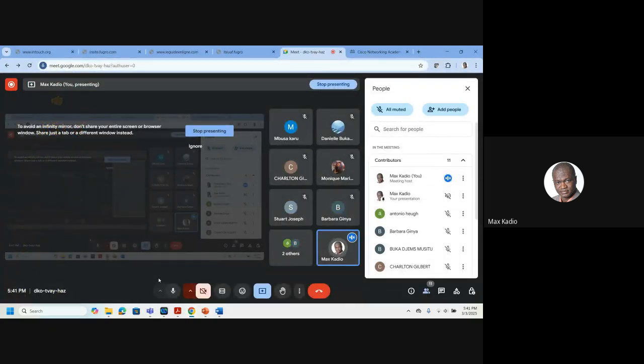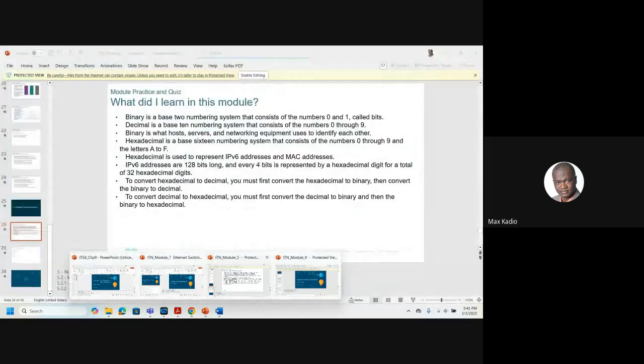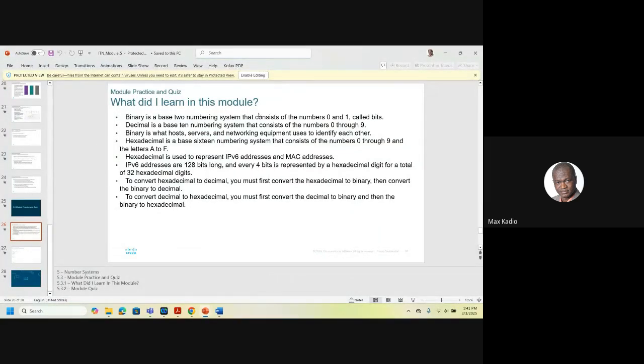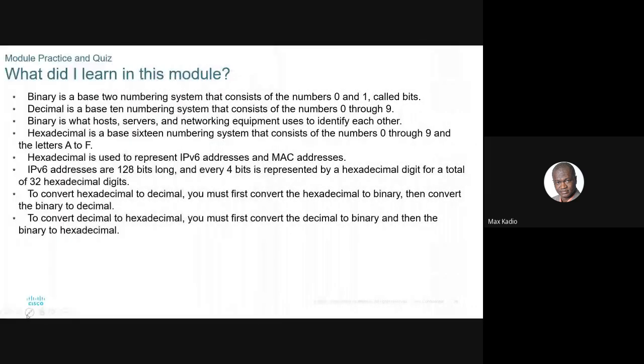So today we're going to talk about number systems. Let's make it very simple. To count, we have many ways of counting. In this chapter, we'll study 3 ways. The binary is a base 2 numbering system.